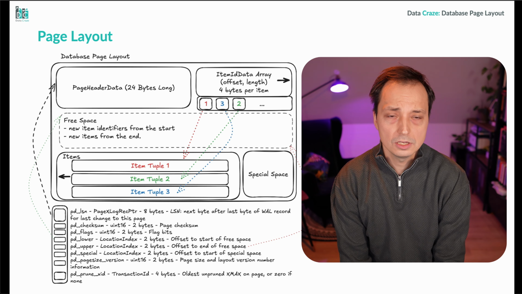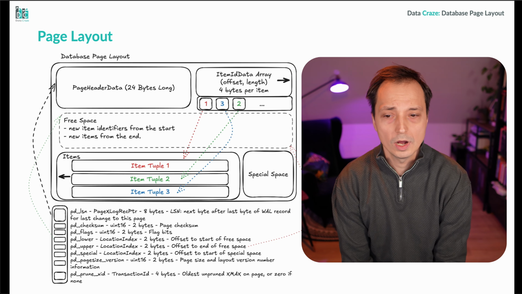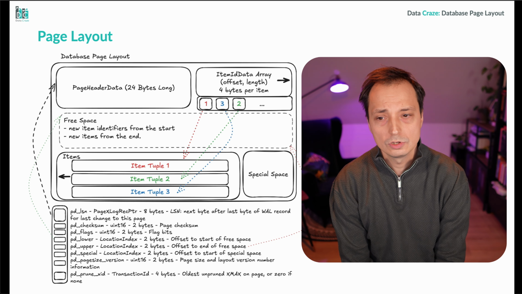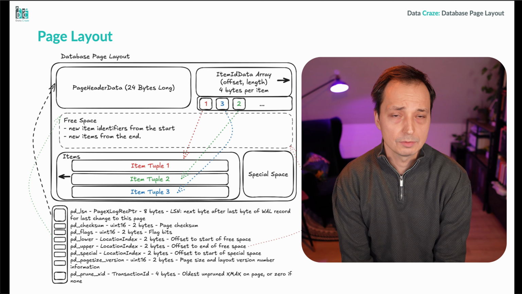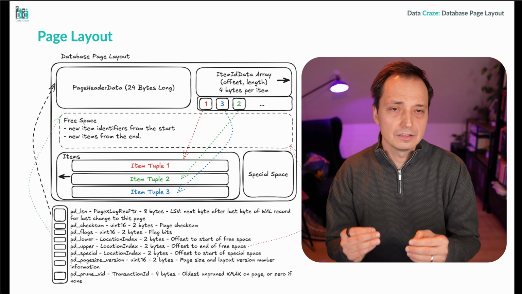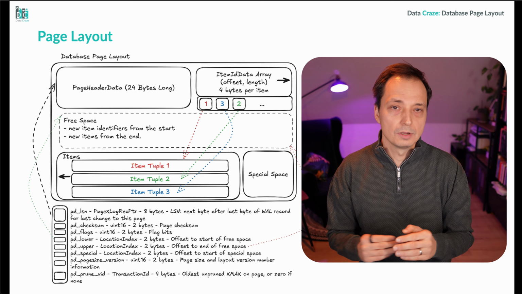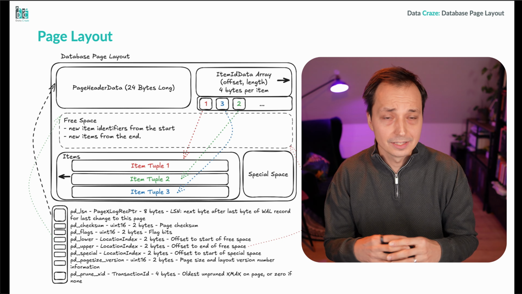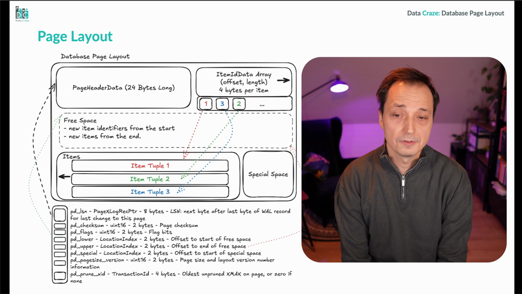So as you can see here in this example, identifier 1 is pointing to a tuple, item tuple 1, further down the page, because you need to keep in mind that the actual pointers to the data are being stored first at the beginning of the page, and the data are being saved from the end of the page, and they are basically coming together into a center. And the center, as pointed out in this diagram, is actually the free space.